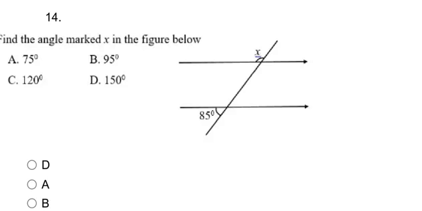All right, question number 14 says find the angle marked x in the figure below. In this figure, we want to find the angle marked x. The first thing is that we have two parallel lines and a transversal crossing them. So there are many concepts that can come out of this.